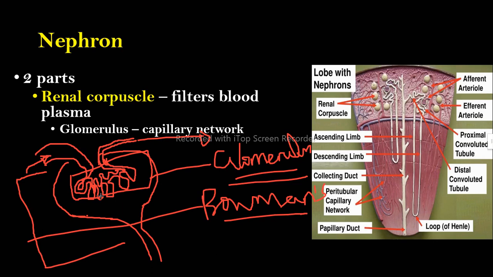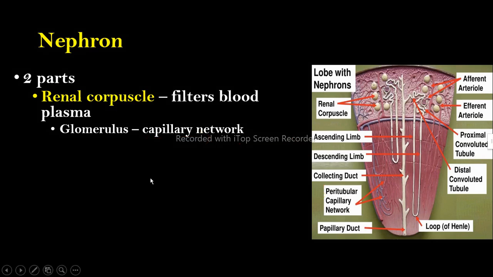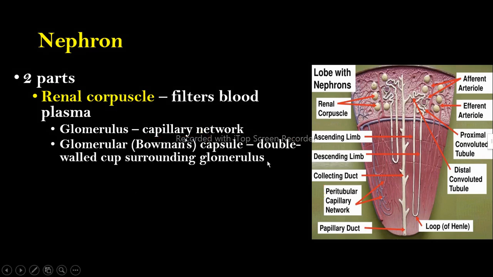Now it is this renal capsule that is responsible for the actual filtration. And you have seen it is the Bowman's capsule, which is a double-walled cap surrounding the glomerulus.